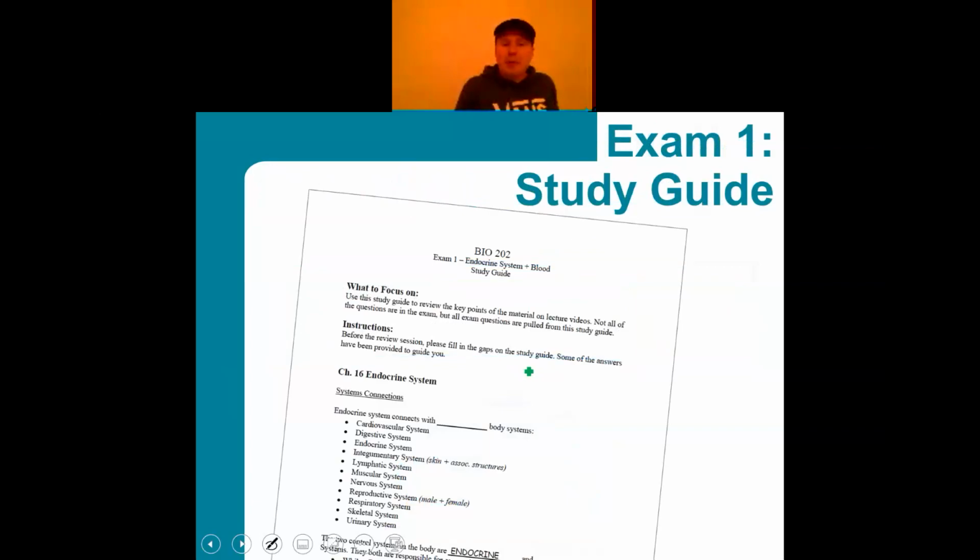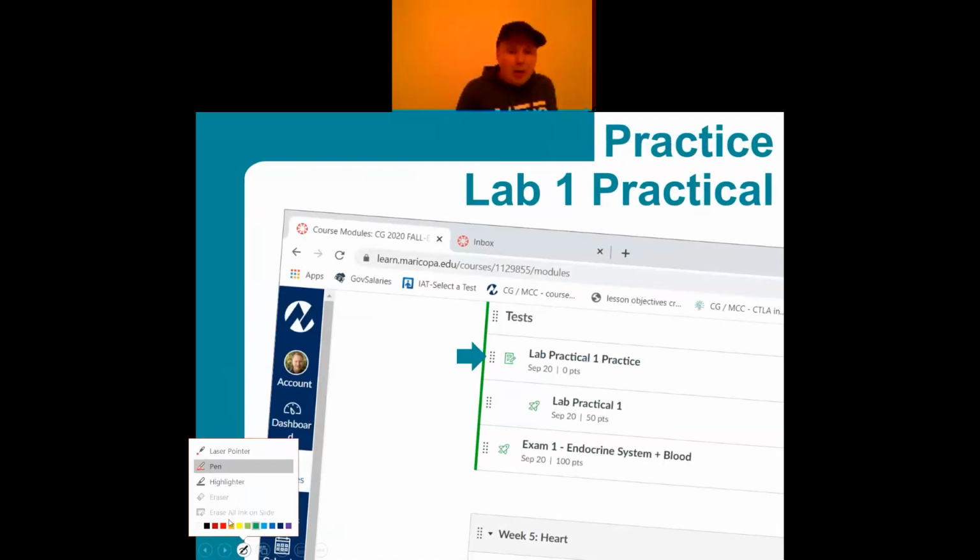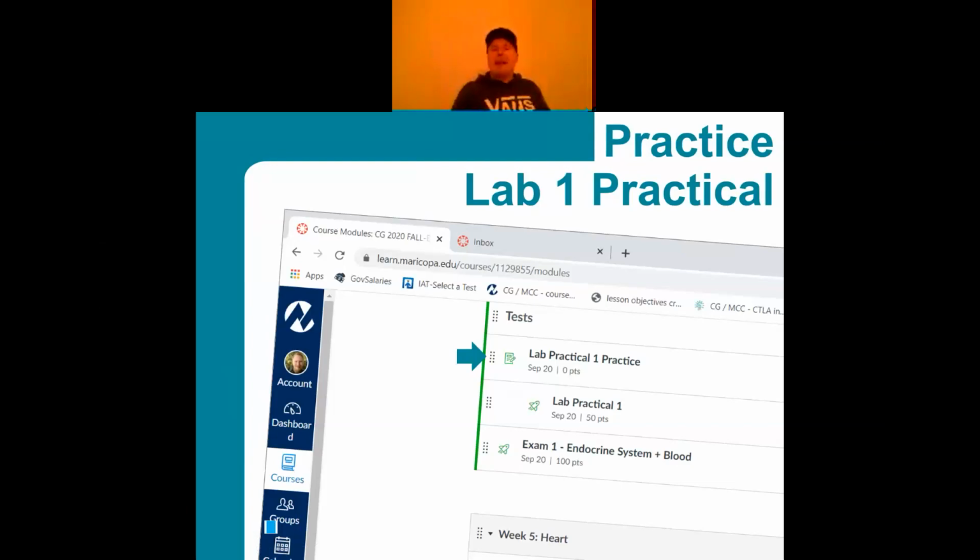So I already mentioned the study guide. We will use that to guide our way through the important parts for this exam that you want to know. But before we jump there, I just want to highlight the lab practical. The lab practical is basically all the work that you've done before, and you've looked at all of that material when you've done those practice anatomy assignments on a weekly basis.